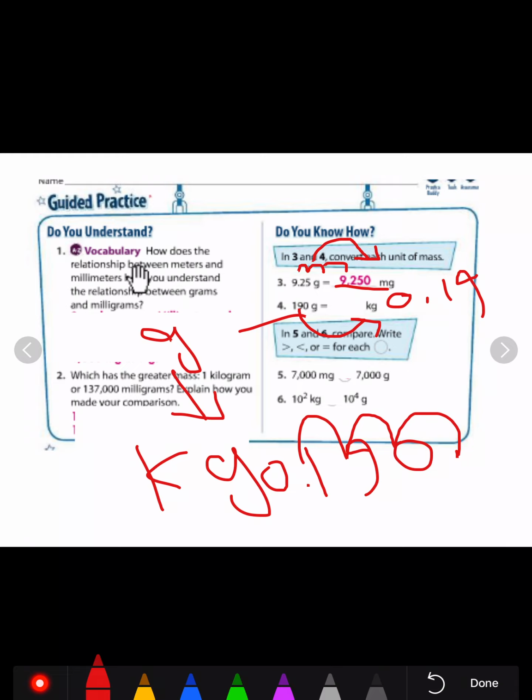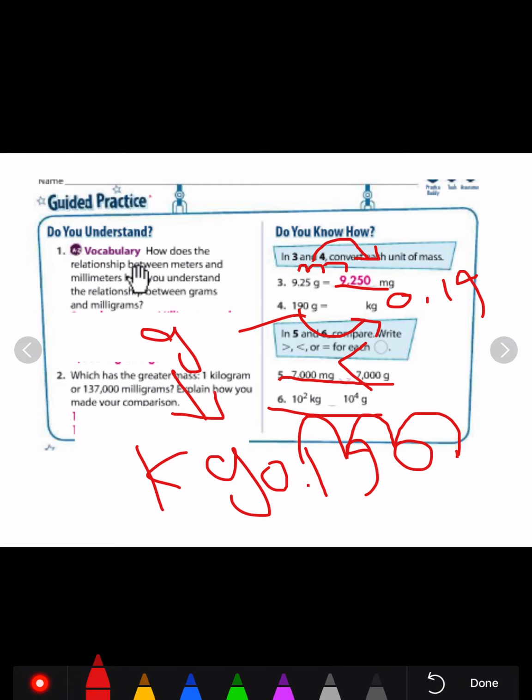Now in number 5 and number 6, which we need to compare: 7000 milligrams and 7000 grams. Of course, because gram is greater than milligram, 7000 grams will be greater than 7000 milligrams. In number 6, we have 10 power 2 kilograms and 10 power 4 grams.